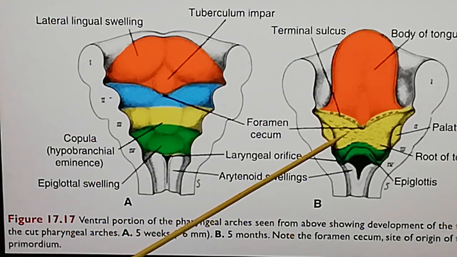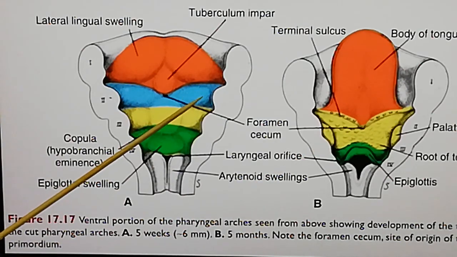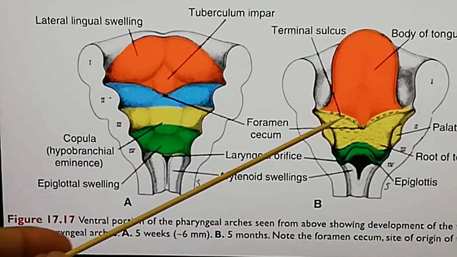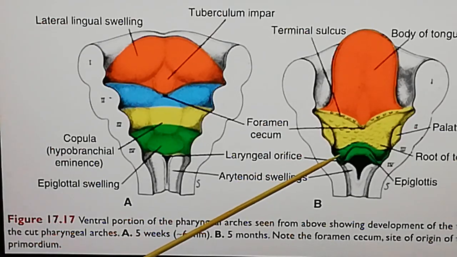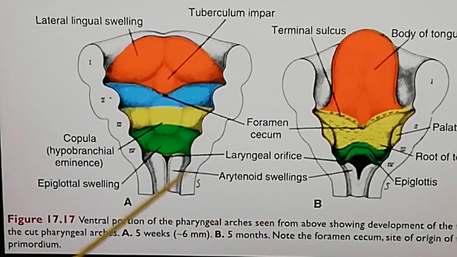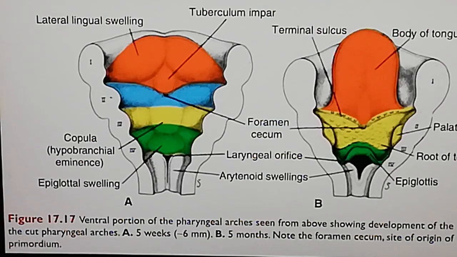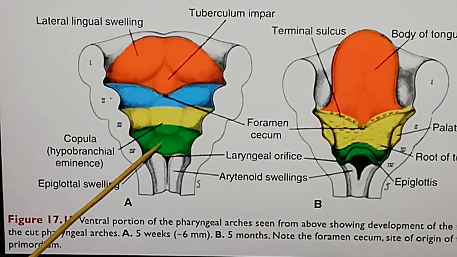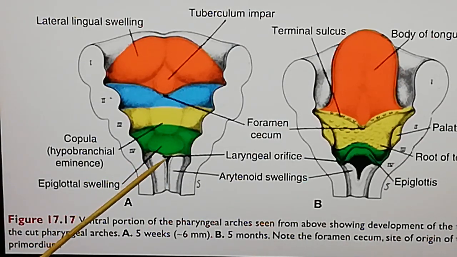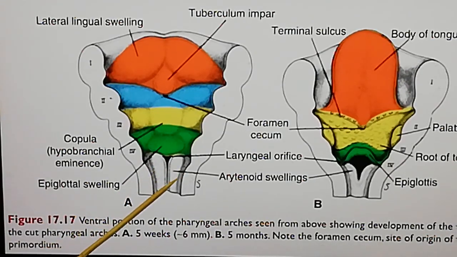But here you see that the third arch dominates and the second arch portion is buried rather, and we can see that the most posterior part of the tongue is also formed by the pharyngeal arch 4. Now you see that there is another midline swelling called epiglottal swelling, and just caudal to it there is a laryngeal orifice which is being flanked on both sides by the arytenoid swellings.